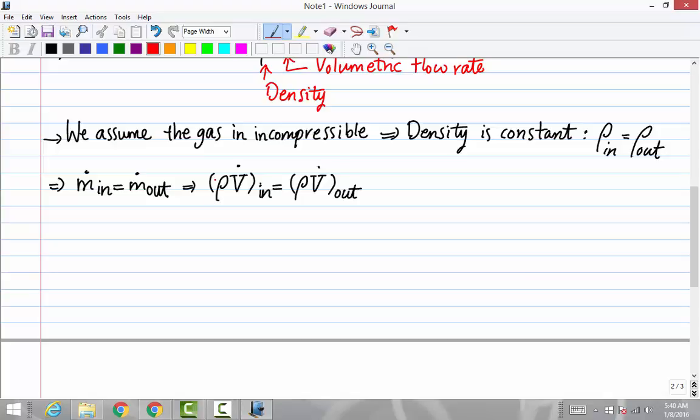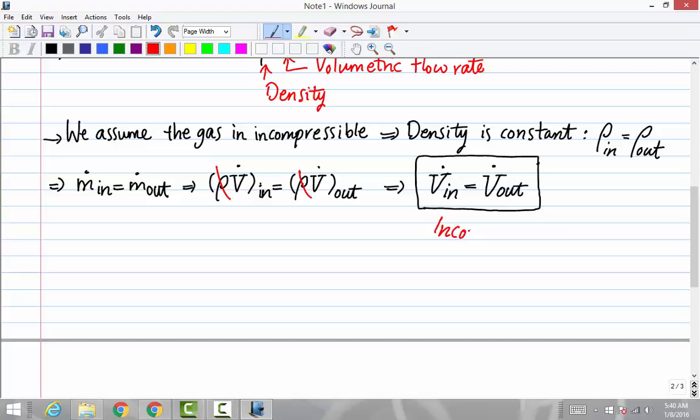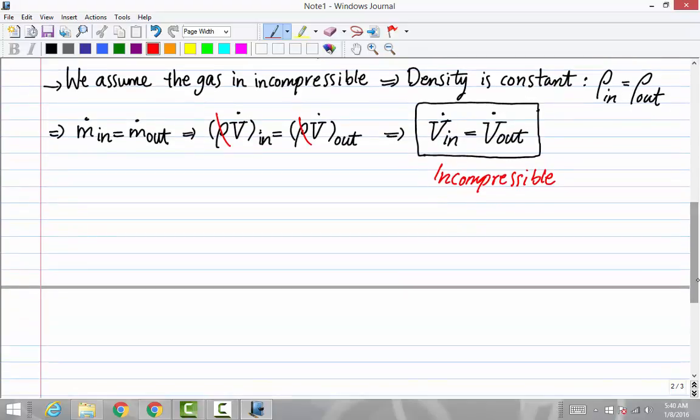Assuming that the gas is incompressible, these rhos are equal, so I can cancel them. So for an incompressible gas, the volumetric flow rate is constant. For an incompressible gas. Okay. Now let me define the volumetric flow rate for you.